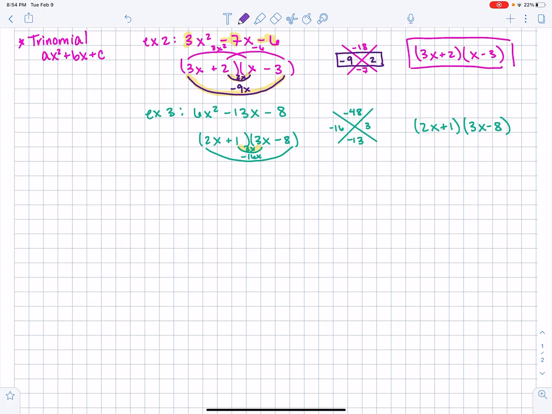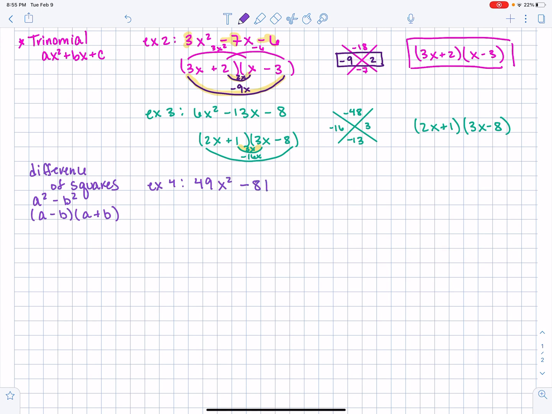Then let's move a little bit into these special cases. So these special cases are things like a difference of squares. And difference of squares looks like a squared minus b squared, and it factors into a minus b times a plus b. So our first example for this one, so example 4, would be 49x squared minus 81.